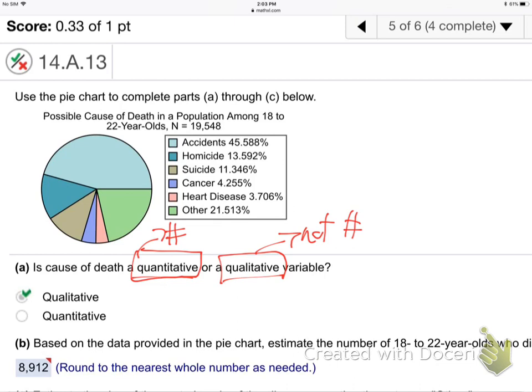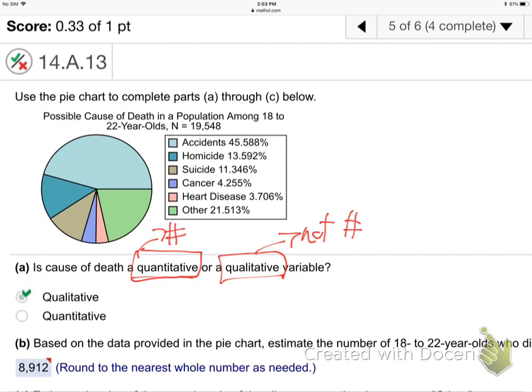And qualitative basically is not a number. So, like, if somebody said, how'd you do on that exam? You said, pretty good. That'd be a qualitative answer. You didn't give a number. Or you say, yeah, I got 83%. And that's a quantitative answer, right? Now, if they're asking, is cause of death quantitative or qualitative?